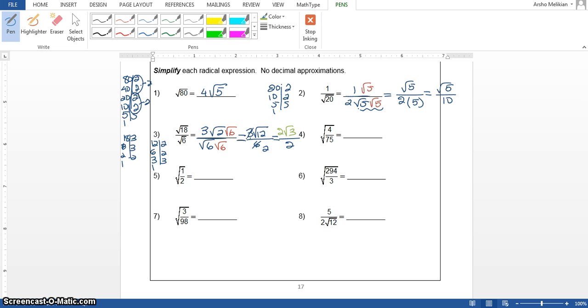How do you know to do that though? Somebody might just leave the 12. Right, so you have to ask yourself each and every single time, can I simplify the root some more? So now the 2's will cancel, and the answer is just a simple little root 3. All right?